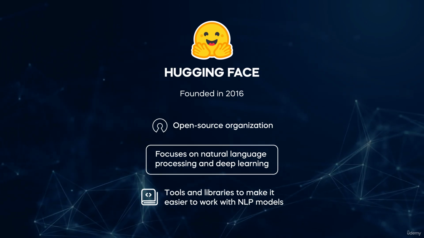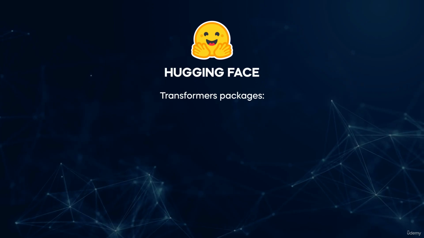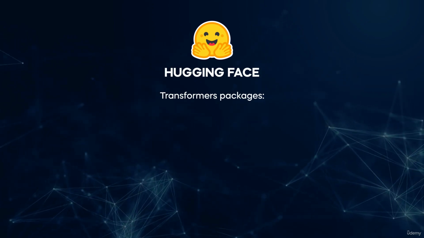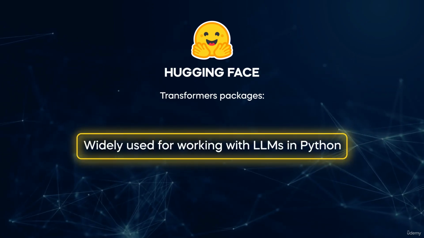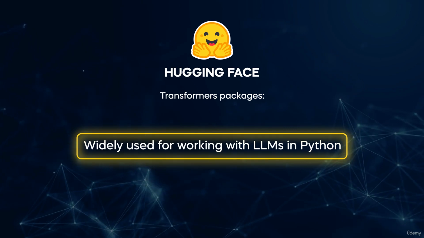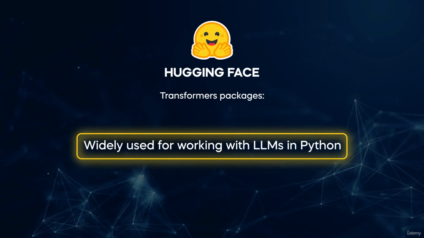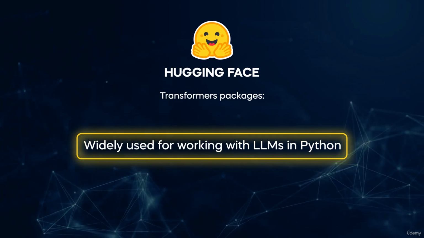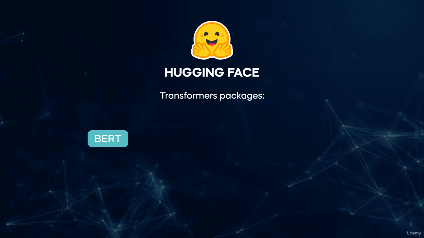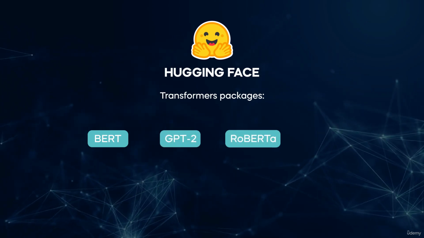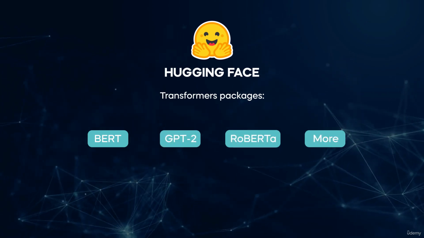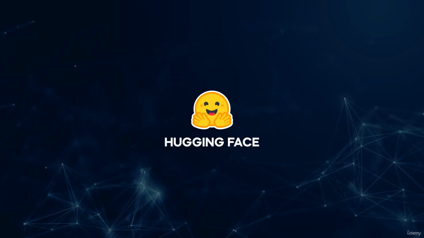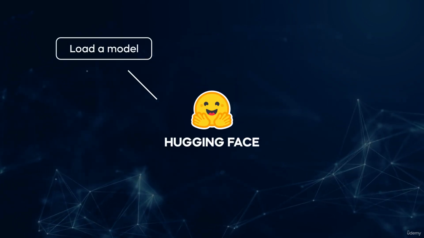The most well-known package from Hugging Face is the Transformers library, which is widely used for working with large language models in Python. The Transformers package provides a wide range of pre-trained NLP models, including BERT, GPT-2, RoBERTa, and many others. It offers a simple API for loading and using pre-trained models.